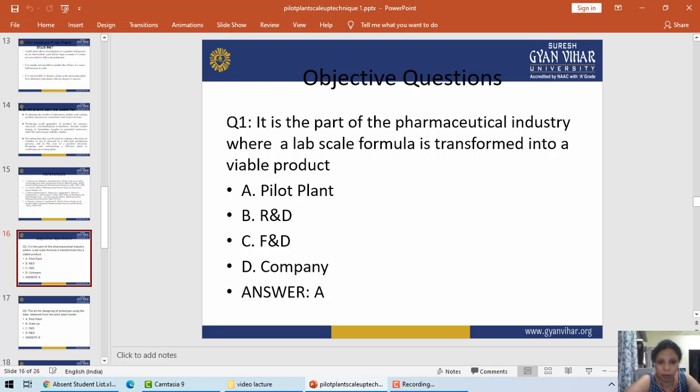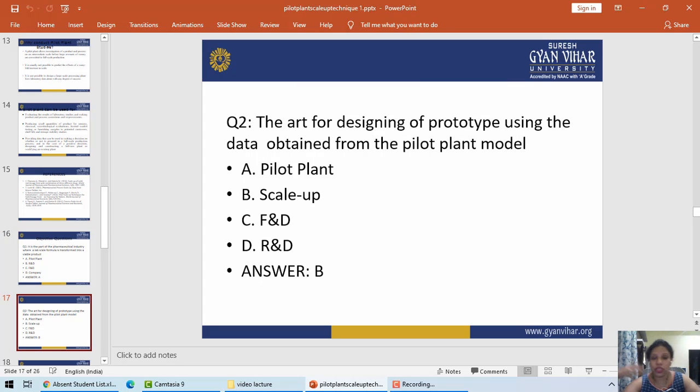Obviously the answer is pilot plant, because we have discussed in our slides that pilot plant is the part of pharmaceutical industry where a lab scale formula is transferred into a viable product, the product which we can use, which we can consume.